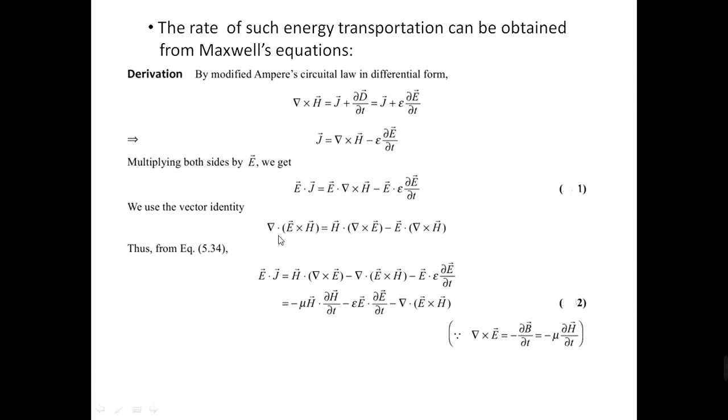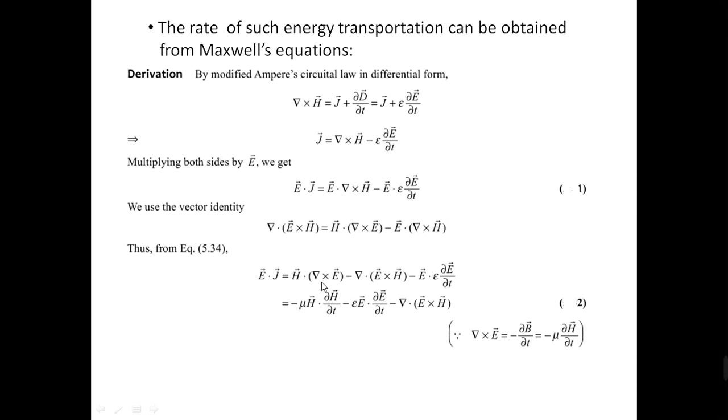So that is, divergence of E cross H is equal to H bar dot curl of the electric field vector minus E bar dot curl of the magnetic field vector. Now substitute for E bar dot del cross H in this equation. Now the expression becomes like this.